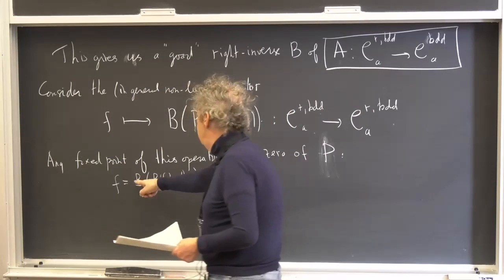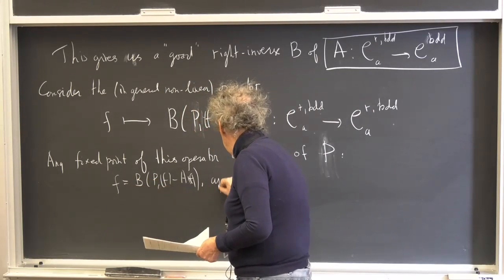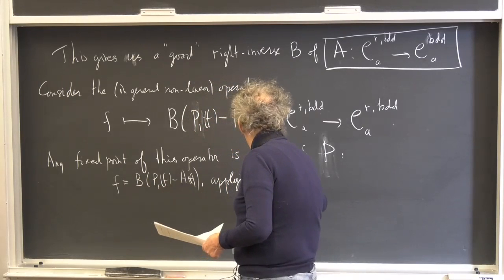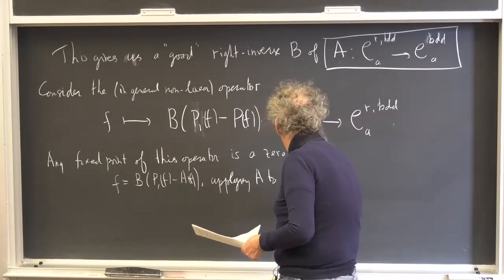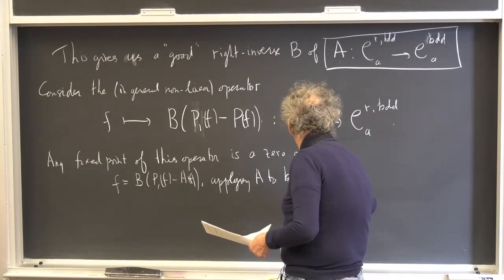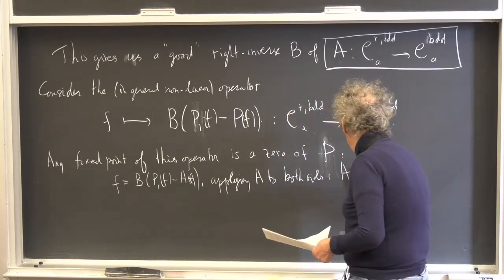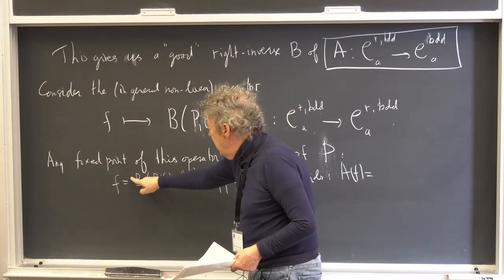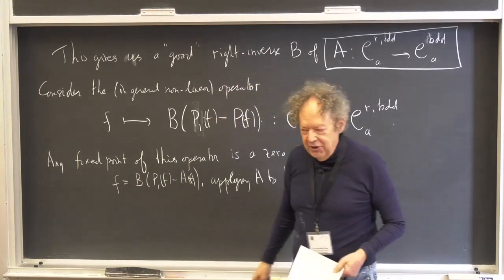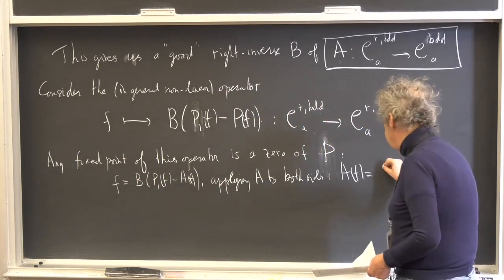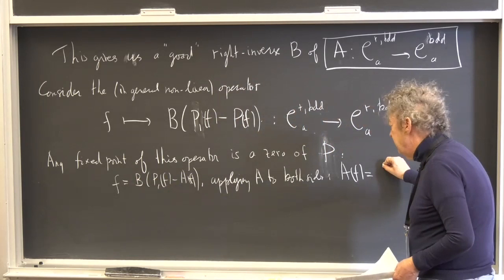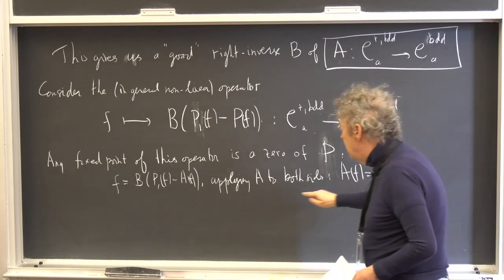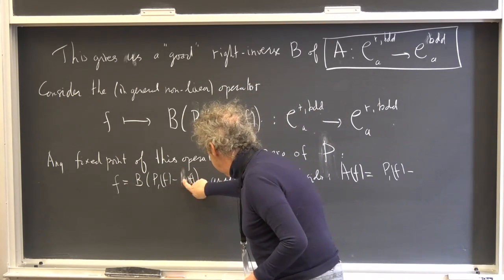Now apply A to both sides. What do we get? We get AF equals, well, the point is if you apply A, then you get AB, but AB is the identity. So you get P1F minus, well, wait a minute, what did I write here?